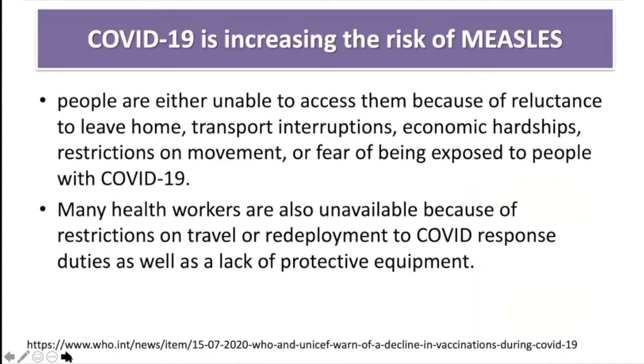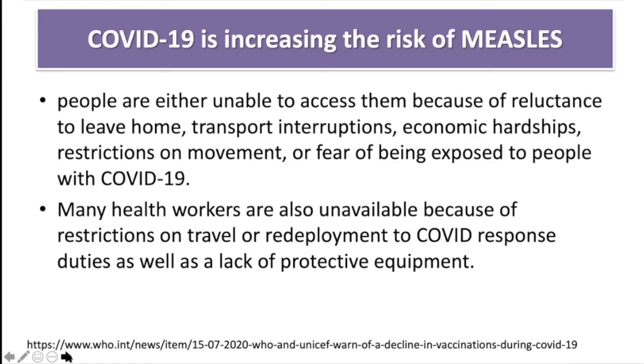Why is this so? So, with the continuous pandemic and the lockdown, the ECQ, there's an increased risk of measles, and an outbreak is bound to happen. Why? Because again, we said that there's very low immunization coverage because people are either unable to access the vaccine.